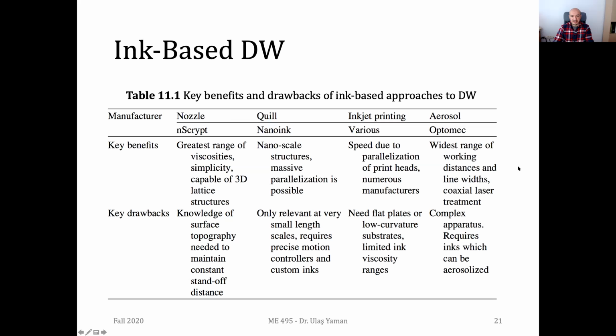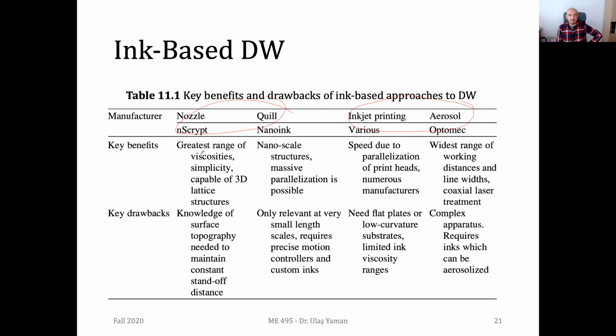So now let's compare some of these ink-based direct write technologies. We have the companies. This is a nozzle, a continuous system, again a continuous system. But then we have discrete systems here. On the right-hand side of this table, we have discrete approaches, and these are continuous approaches.